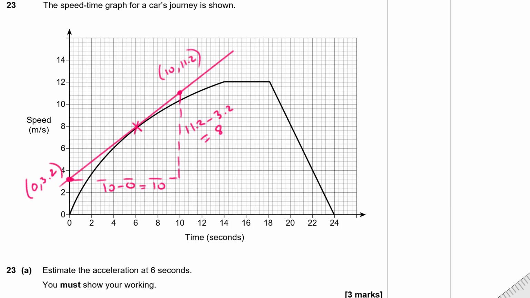I can divide it up into a triangle, a rectangle, and this rather more difficult shape here with a curved edge. This is the bit I'm going to have to estimate. I'm going to have to estimate the area of that section.